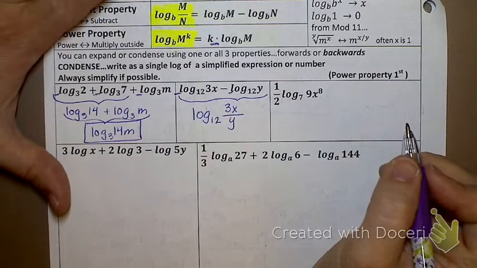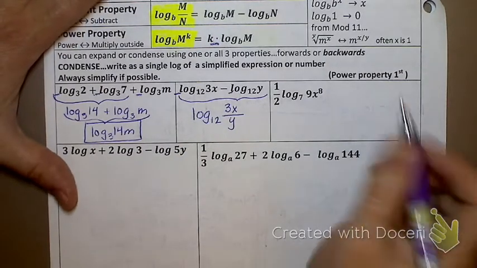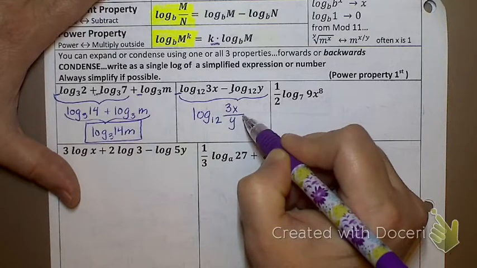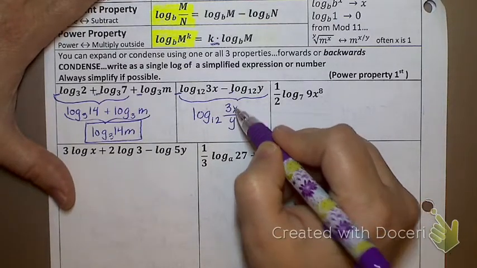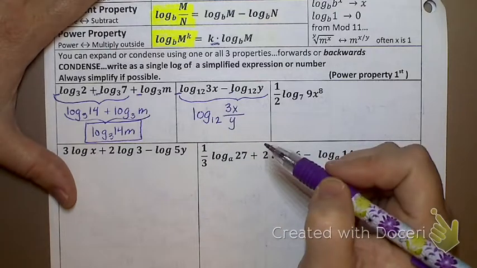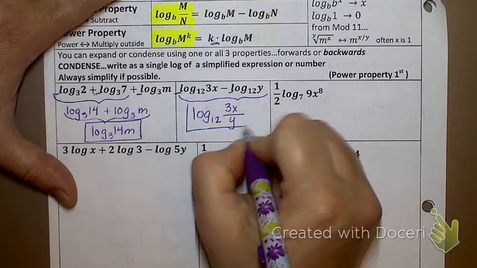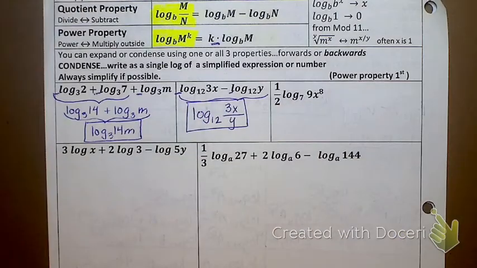Now, I do want to verify that this fraction cannot be simplified, because if it can be simplified, I do need to simplify it. Can I reduce or simplify 3x over y? No. So I'm done right there. If it was 3x over 3y, yeah, I could do some simplifying, and I need to do that. But in this case, I couldn't. Okay? So far, so good?